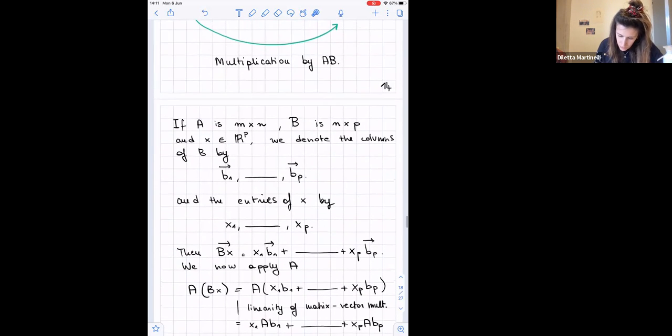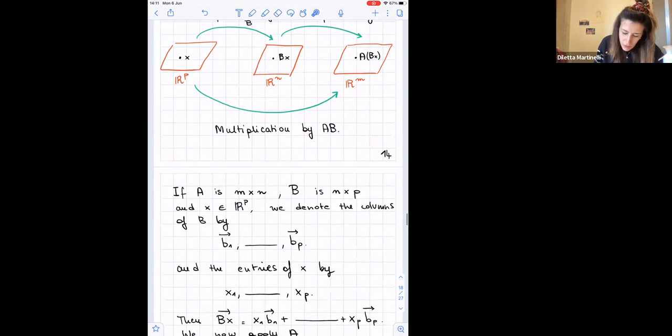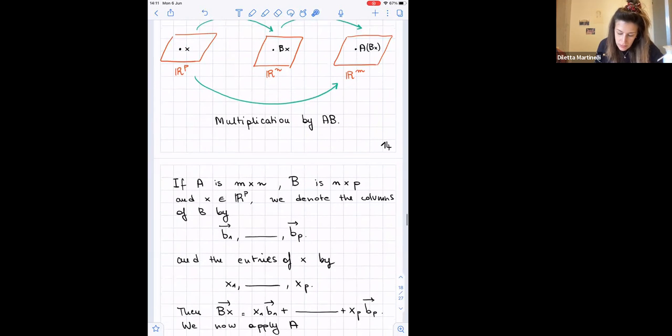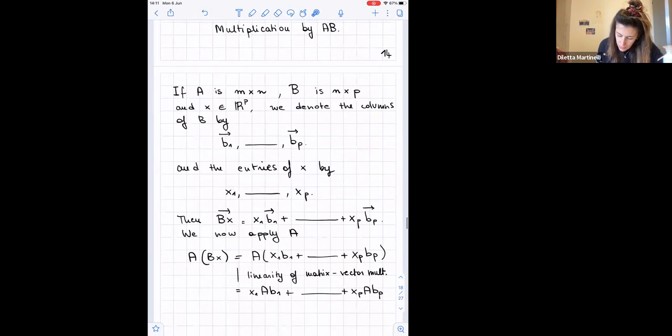And so where are we? We start from a vector here in Rp. We apply B and we get a vector in Rn, that is given by the linear combination x1 B1 plus ... plus xp Bp.